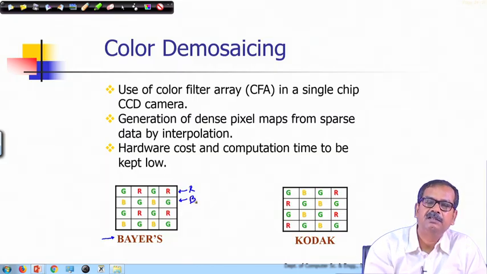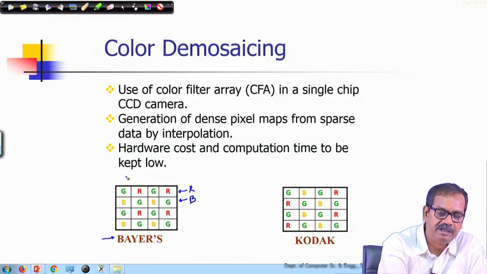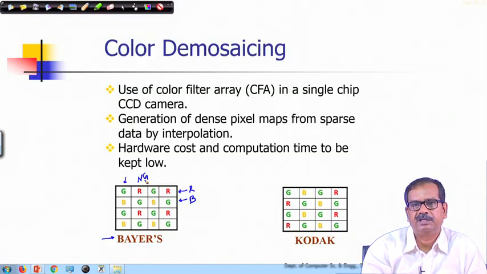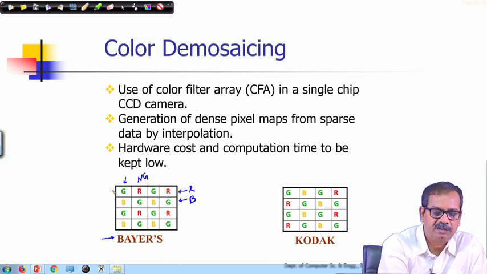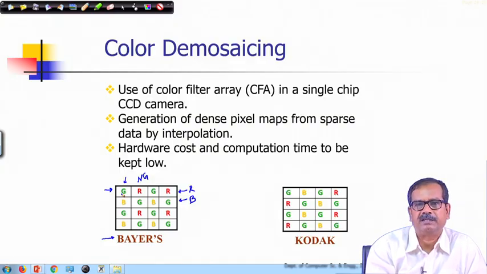So, for the purpose of describing this pattern, we can say a pixel is in the red row or blue row, whereas columns could be green and non-green. So, either it is red or blue. In this way you can identify a location in Bayer's pattern. You should also note the starting pixel location, the starting row and starting column. If I can provide you that, and given this particular rule, then I can describe all the patterns.